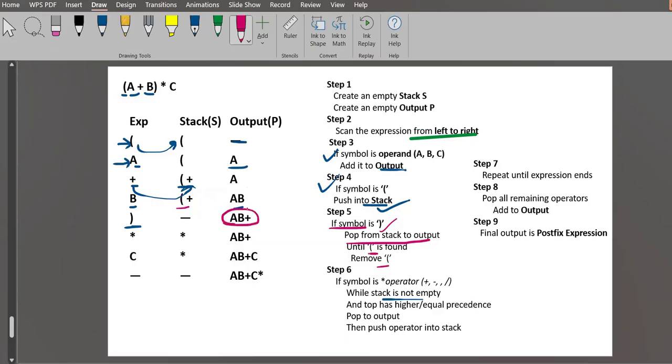There is only plus now. That's why I'm writing plus. Done, right? Now the stack is empty. Done.